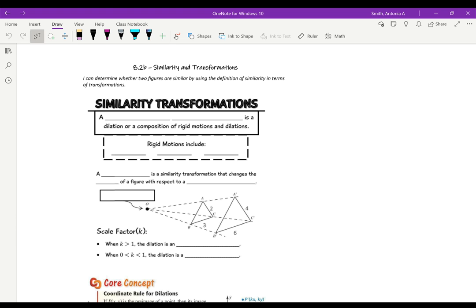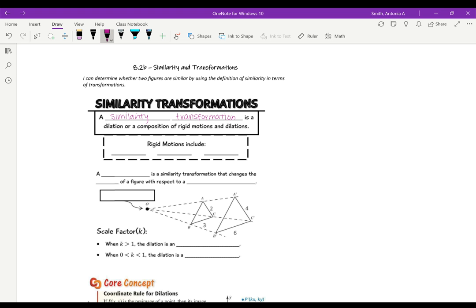So a similarity transformation is a dilation or a composition of rigid motions and dilations.